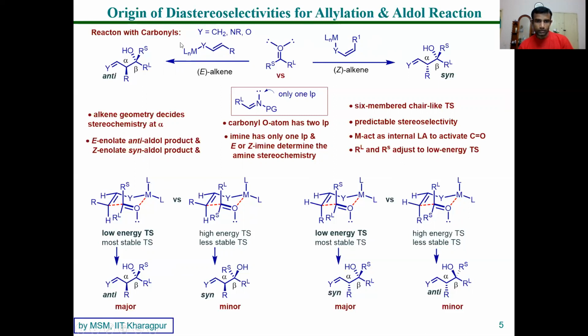We start from our left-hand side. Here you have the E alkene and the carbonyl also reacts. The red dotted bonds mean new bonds are forming, and the carbonyl is coordinating to the metal, which may be, let's say, boron or silicon, intramolecularly.